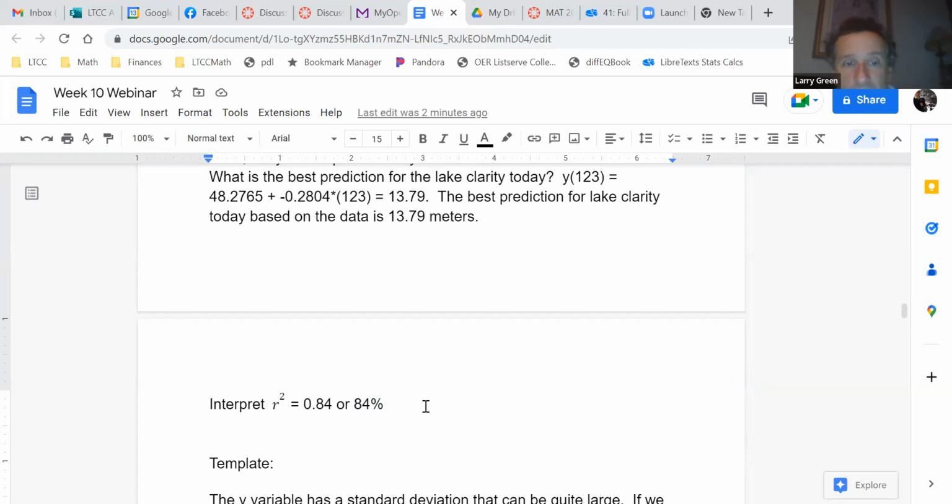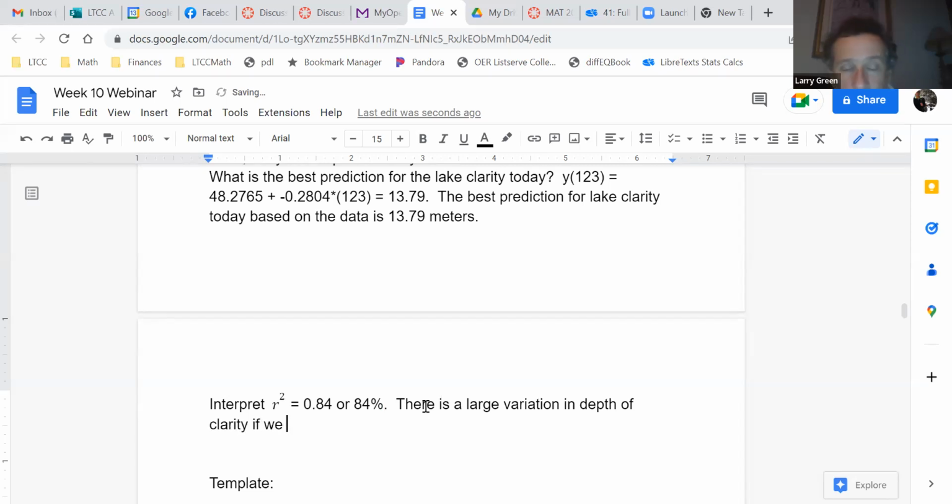So now we can write down: there is a large variation in depth of clarity if we look at all years.